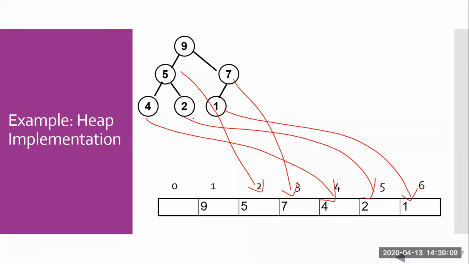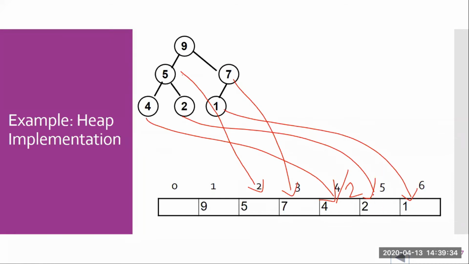If you take this value, this is 1, 2, 3, 4, 5, 6. So the fourth position is the leftmost child of the left subtree. If I divide this 4 by 2, I basically get the value 2. So that will be the parent node.